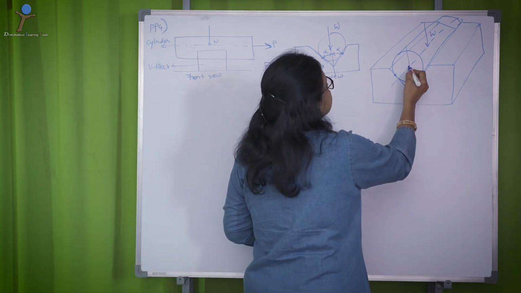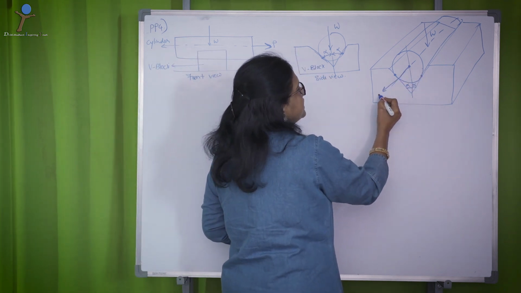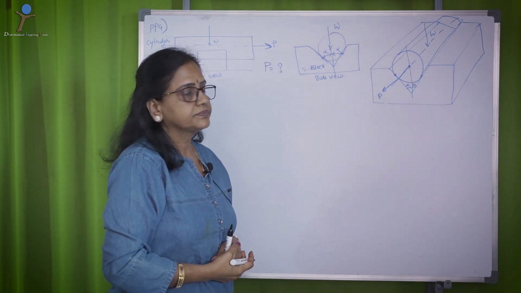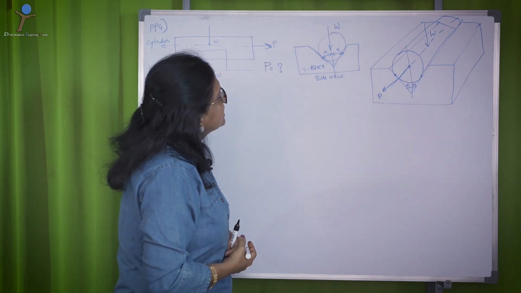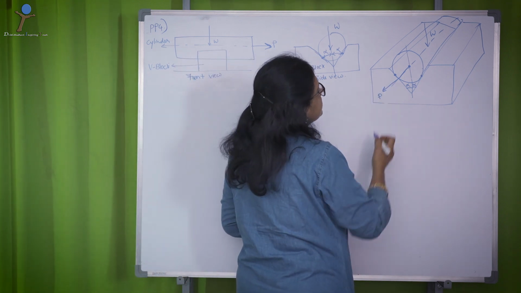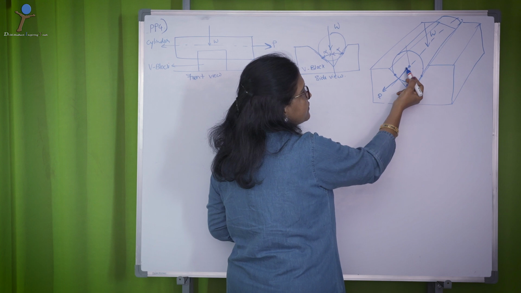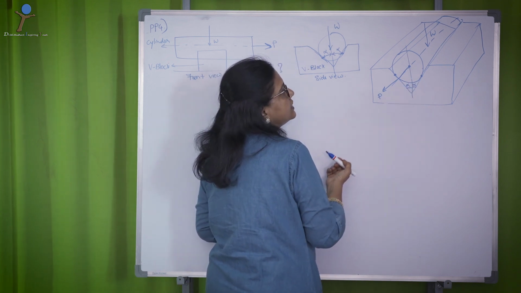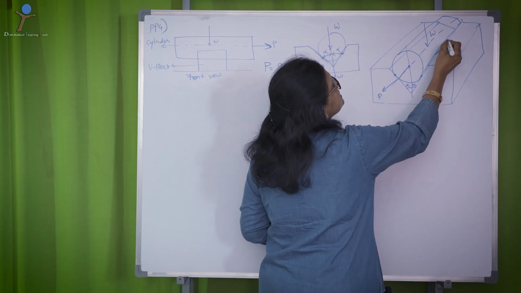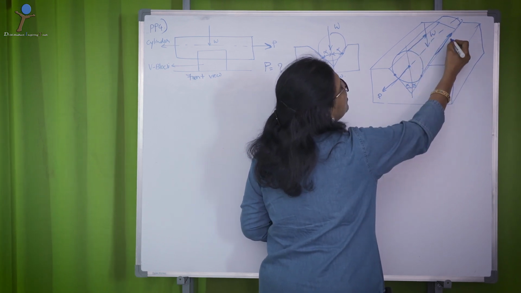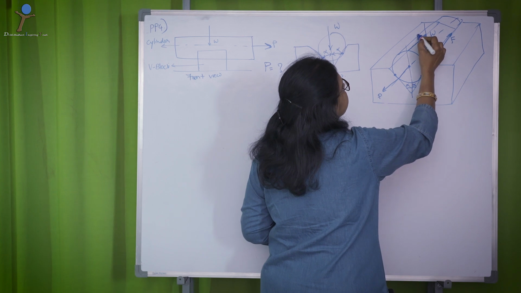Then the force is applied in this direction to move the cylinder outwards. Now, when you notice the contact points, since the external force is acting outwards in this direction, the frictional force at the contact surfaces will act in the opposite direction.